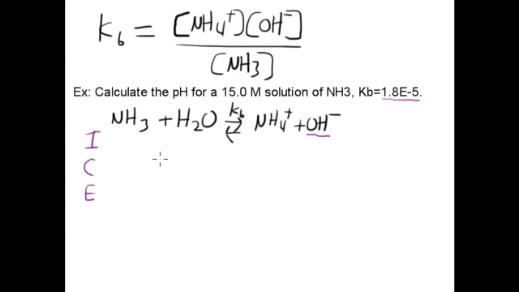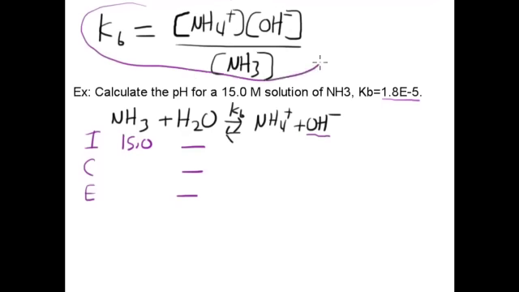So I know that initially I have 15.0 molar ammonia. Water doesn't matter because it's not in my equilibrium expression. It does not appear in the equilibrium expression, the math equation for calculating K. And these are 0. I'm going to use up some of this and make some of these.